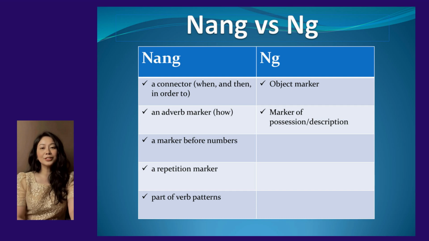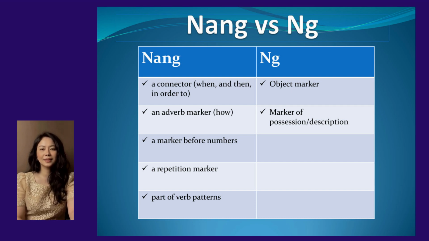Before I discuss the five main functions of nang, I wanted to clarify that nang, spelled as N-A-N-G, is not the same as nang, spelled as N-G. The nang, N-A-N-G, is a function word. It has grammar functions, it connects ideas, and it modifies verbs or action words.